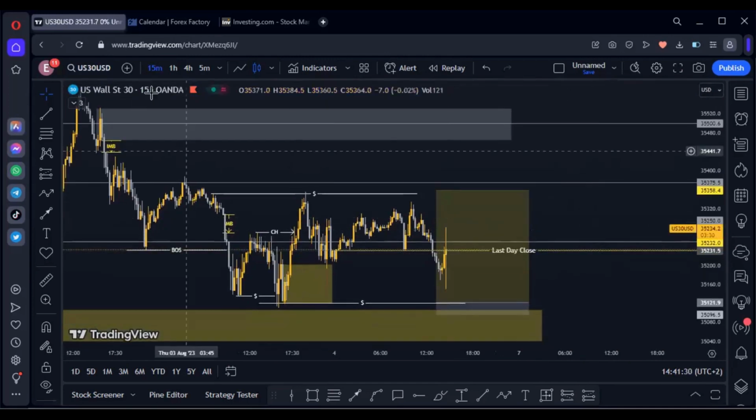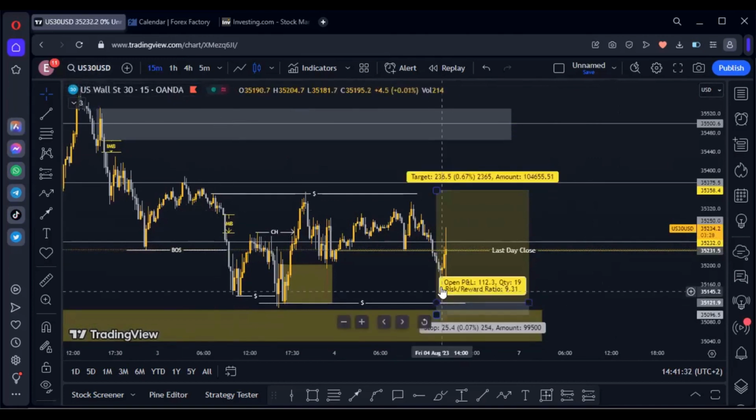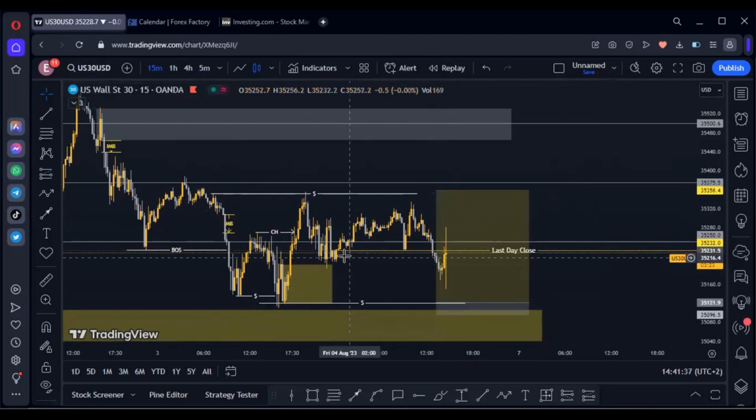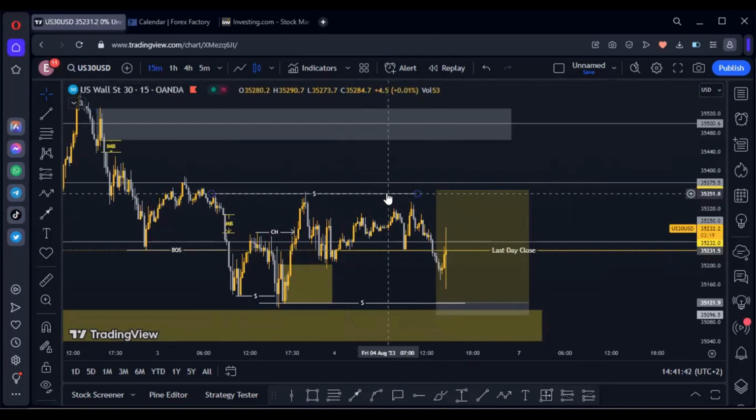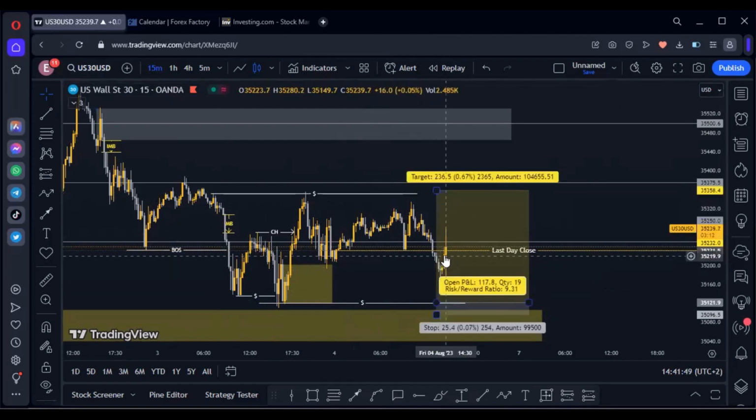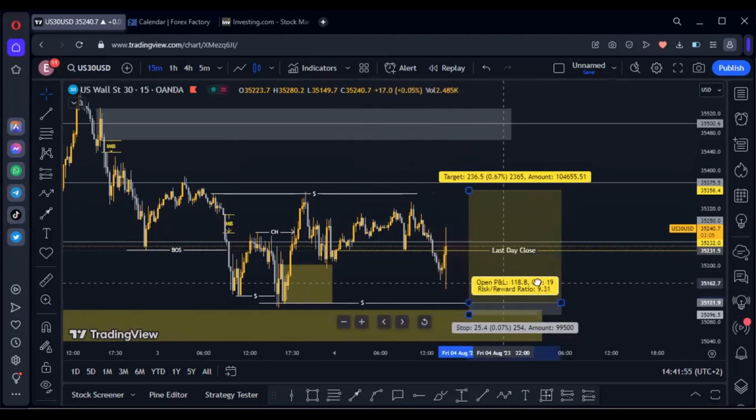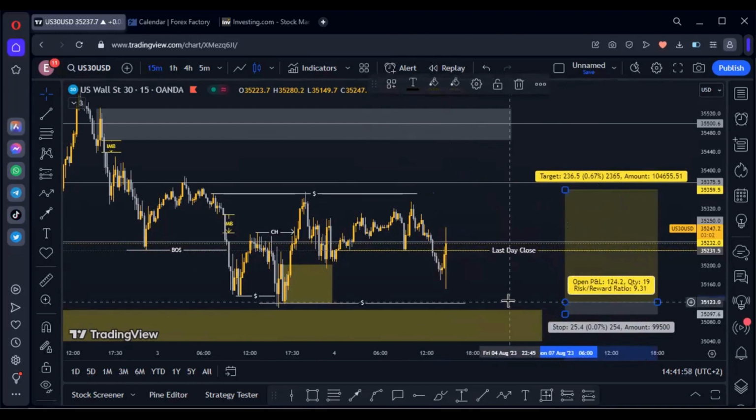So Dow Jones, we opened at around 35,230 today, and we pushed up. I was expecting us to violate yesterday's liquidity or yesterday's resistance level, but we didn't. We came back to the closing and the opening price, so to speak. We still haven't touched yesterday's lows or yesterday's support, so I'm expecting that liquidity to be taken out.